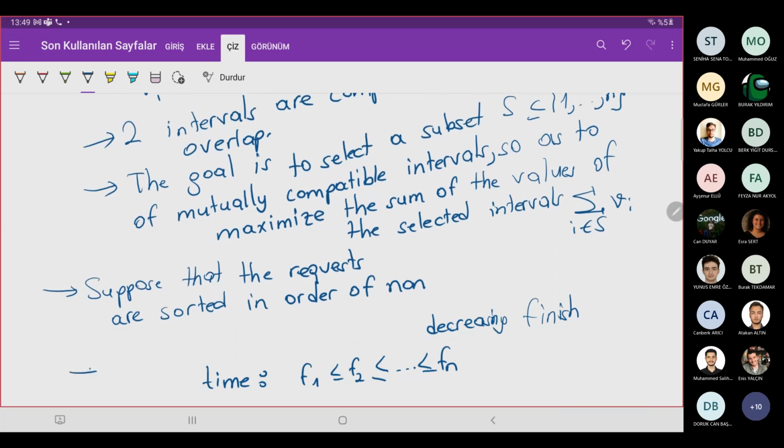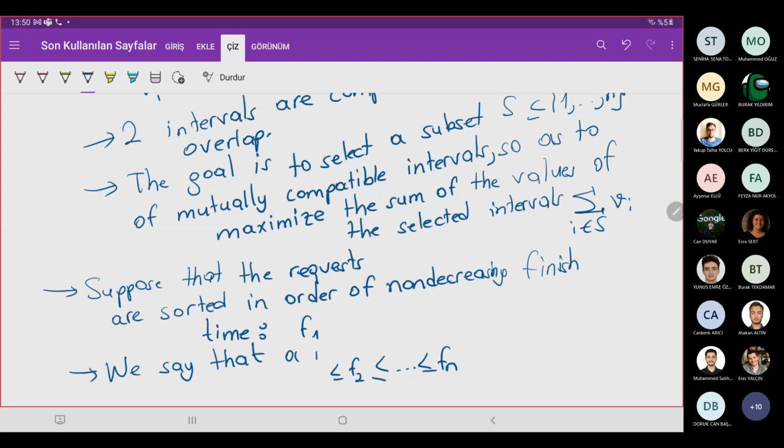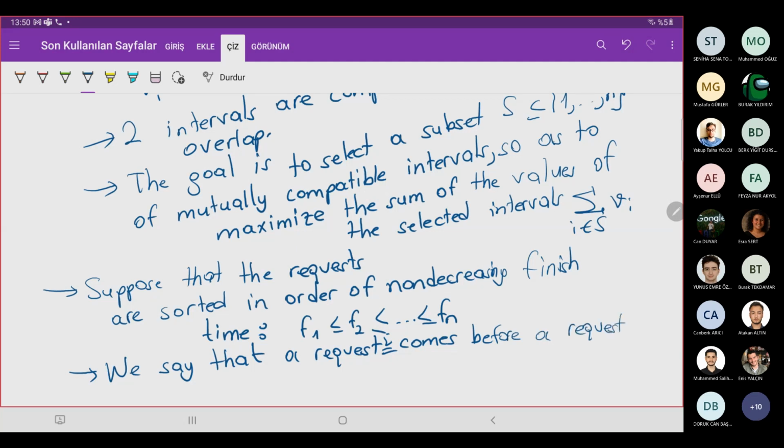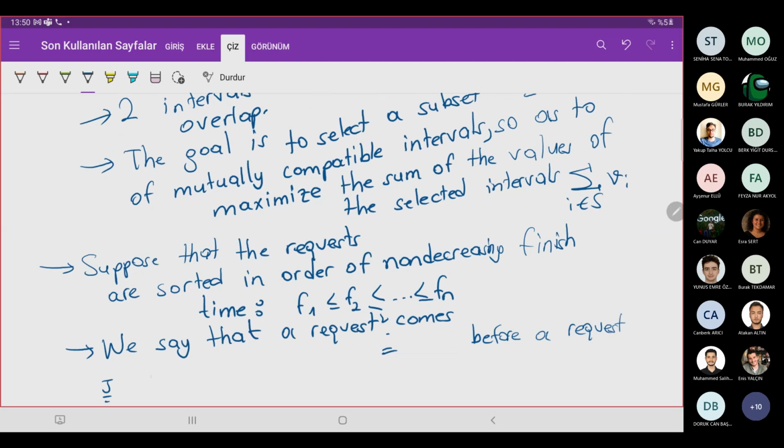We say that a request I comes before a request J if I is less than J. Okay, that's what we say.